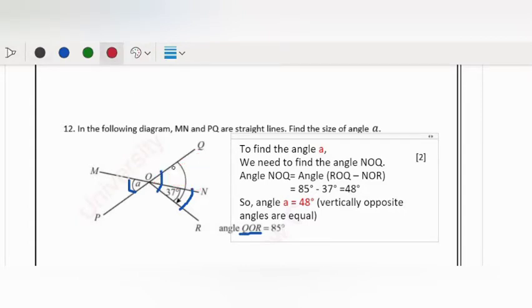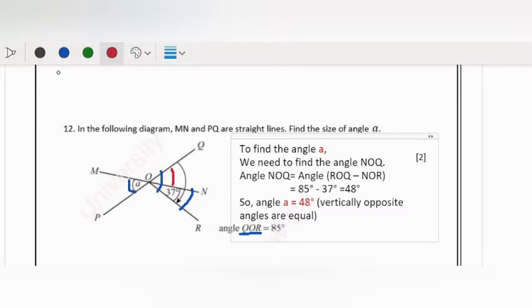I'm marking it in red color. To find that, NOQ can be written as ROQ minus this 37 degree. From this bigger angle, if you subtract this 37 degree, you will get the remaining angle.